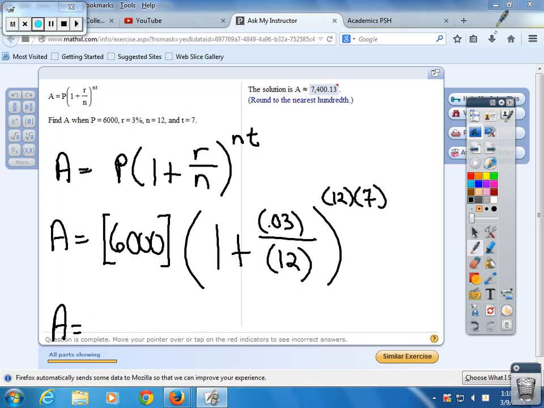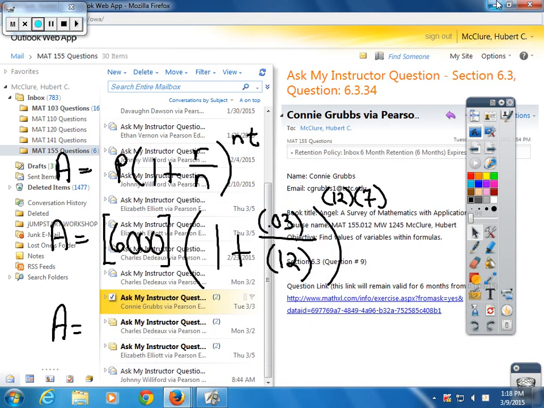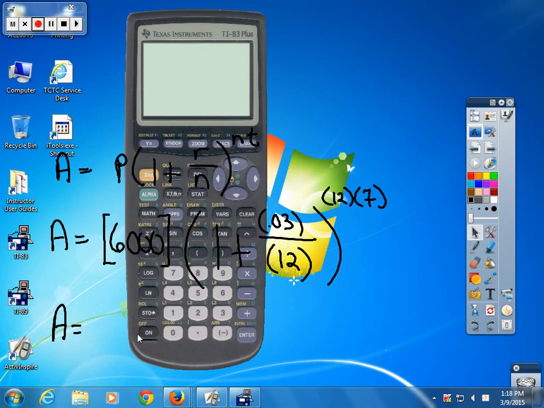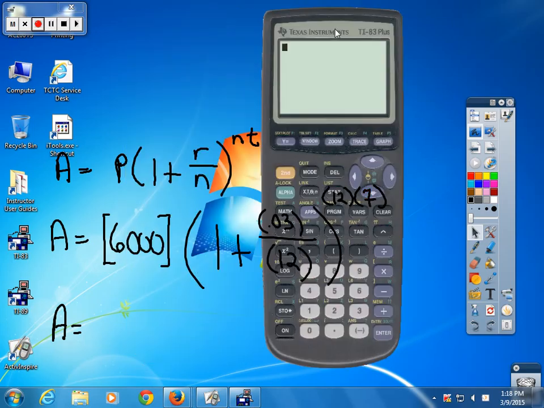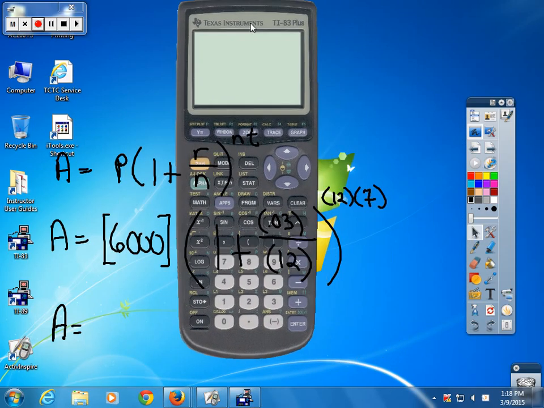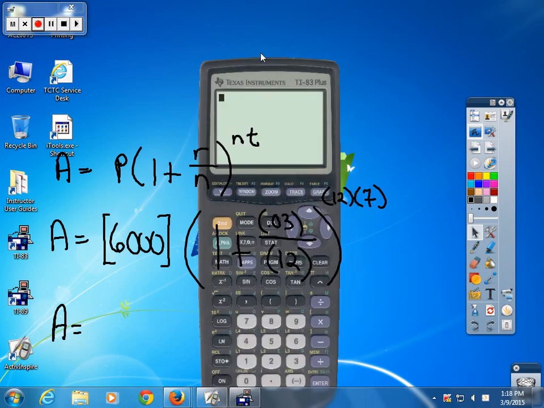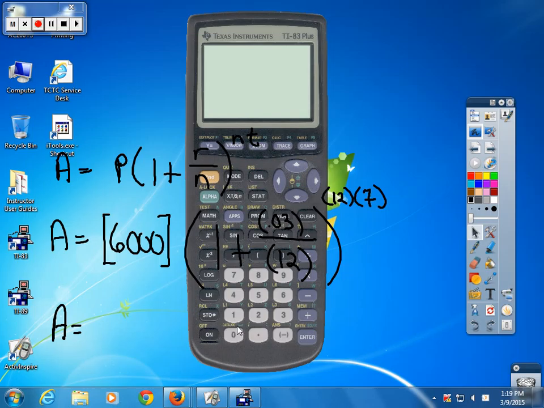Take your handy dandy calculator out. Everybody should have one or an application on your handy dandy phone. Okay, here we go. First thing you do is the middle, right here. 0.03 divided by 12.